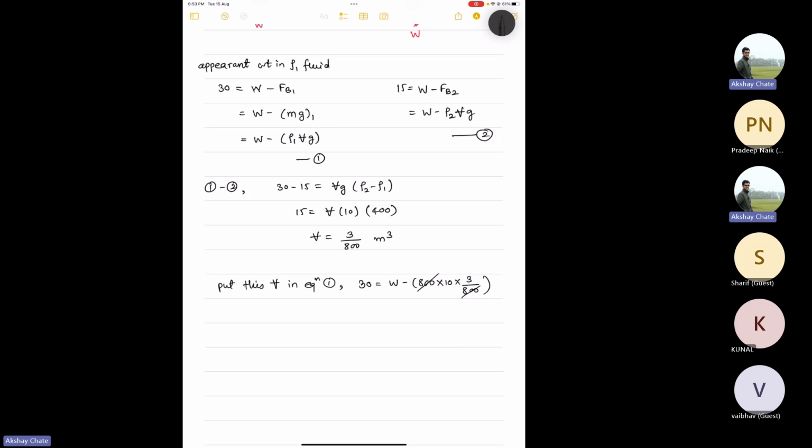Did I do something wrong here? Because 30 minus 30 is 0. So the apparent weight is 0. One second. I think I am doing something wrong here.